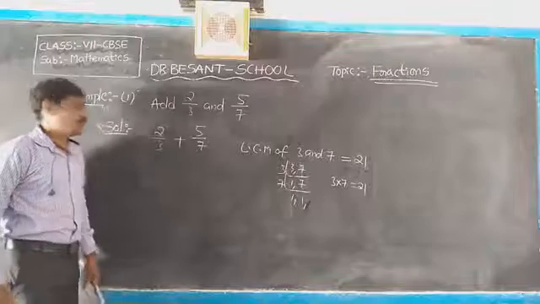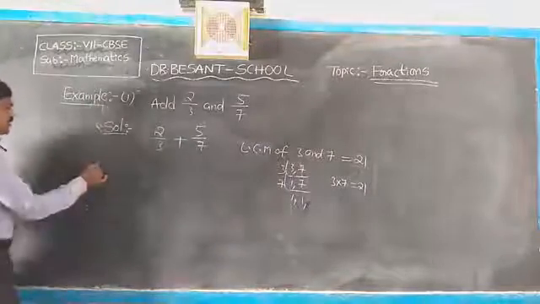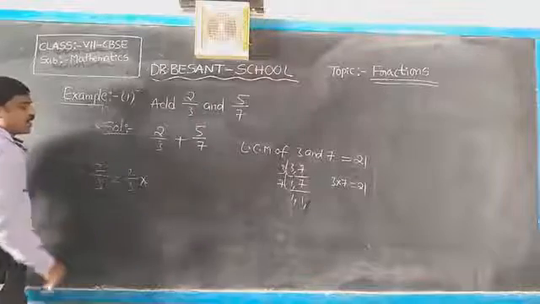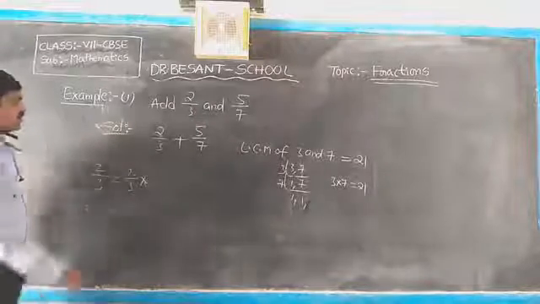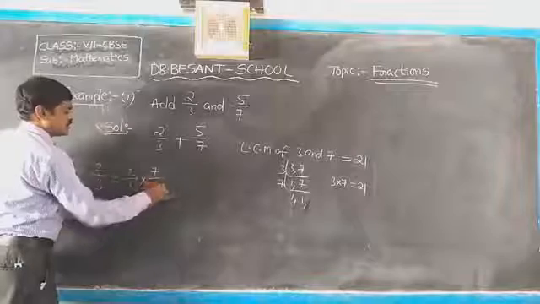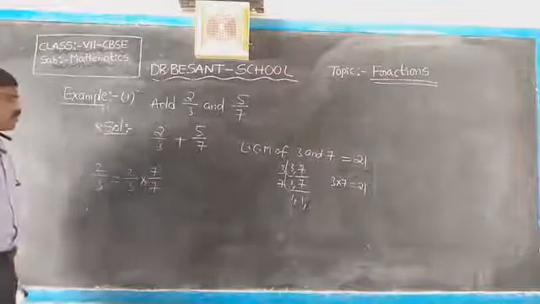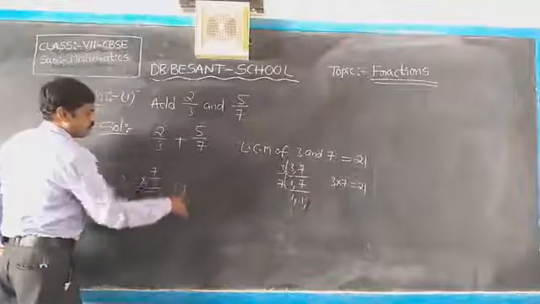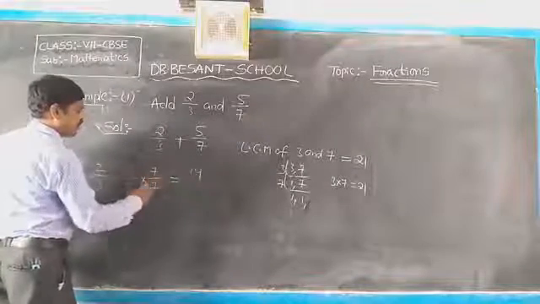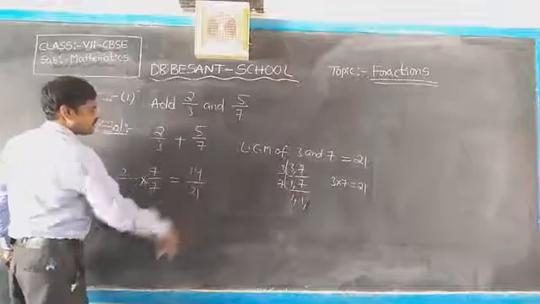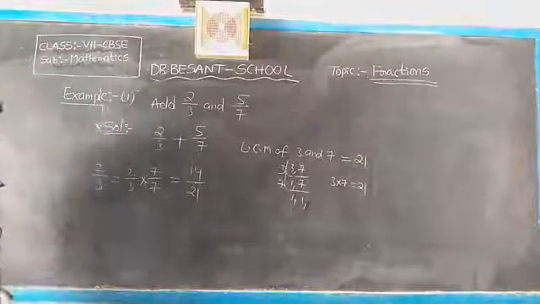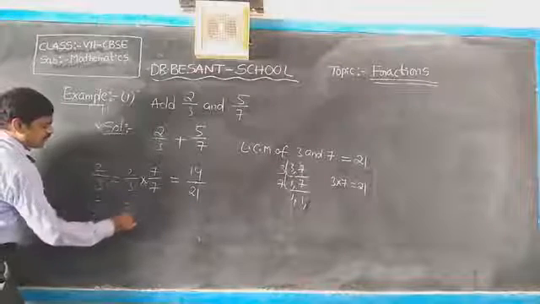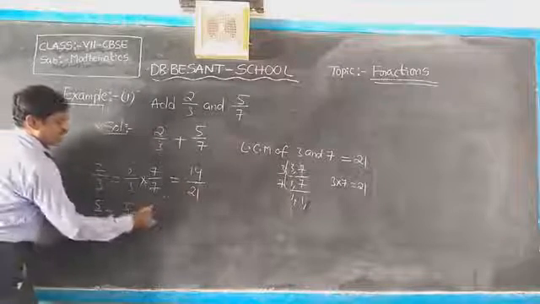21. Now 2 by 3 is equal to 2 by 3 multiplied and divided by 7 by 7. That is 2 sevens are 14, 3 sevens are 21. Next, 5 by 7 is equal to 5 by 7 into 3 by 3.